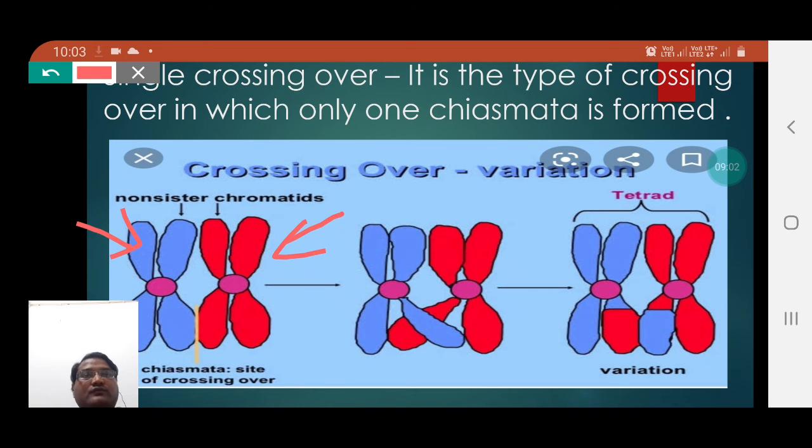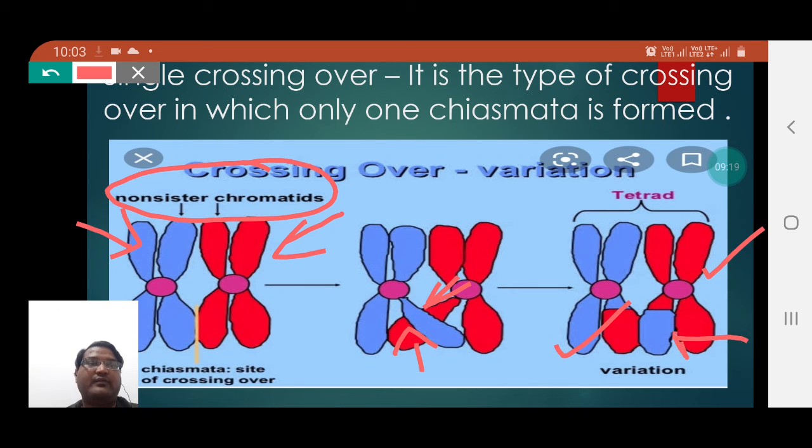Both are exchanging their segments: the grey has started having the red segment and the red has started having the grey segment.